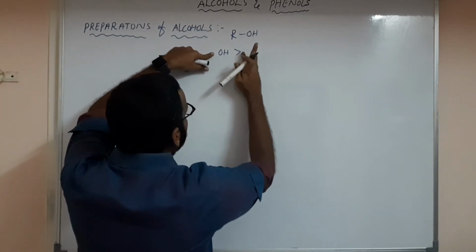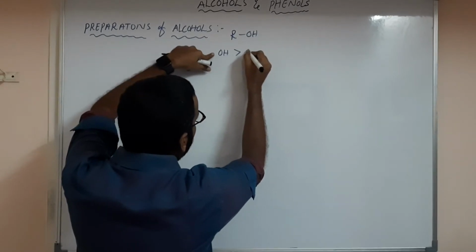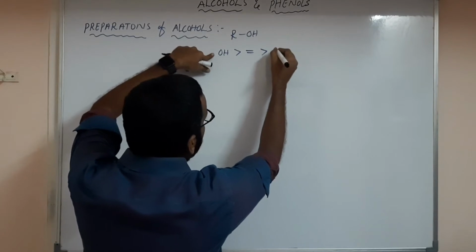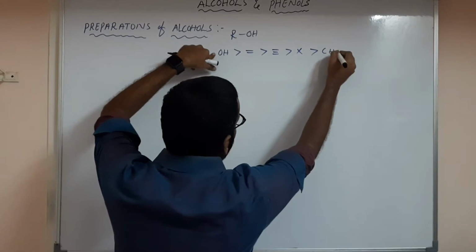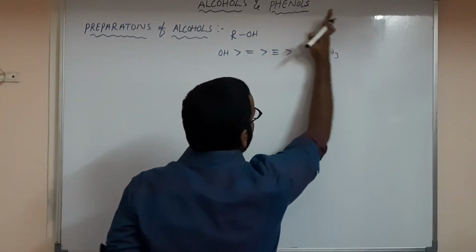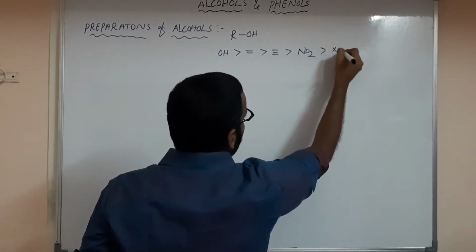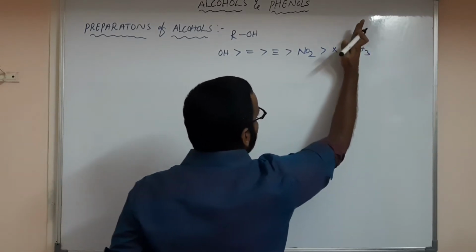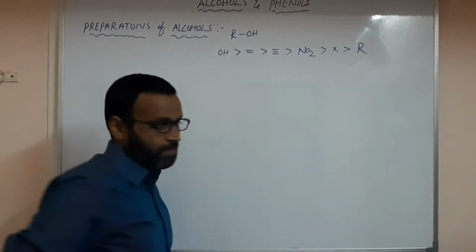In this way you can have OH, then double bond, then triple bond, then X, and then methyl, and like this you will have. And of course before this one more you can have NO2 and X, and then the alkyl group. Simply you can write alkyl group or group like this.